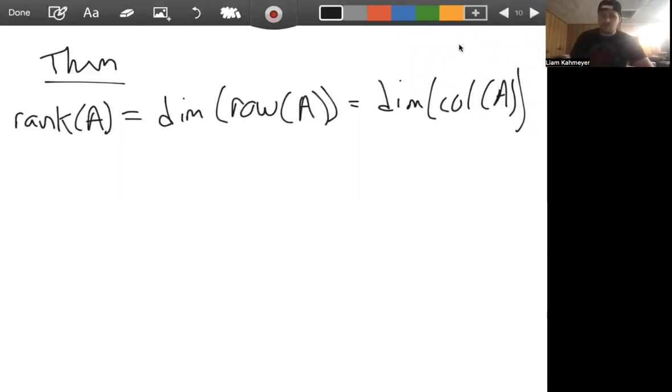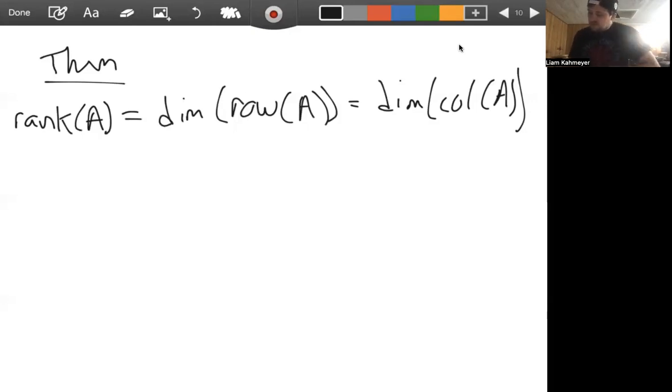There are so many different ways we can think about the rank here, and they're all the same, because it all comes down to the same number of pivot positions in the reduced row echelon form. So when you have a matrix and you're looking at the column space and the row space, the dimension of these spaces will always be the same, and it is the rank.